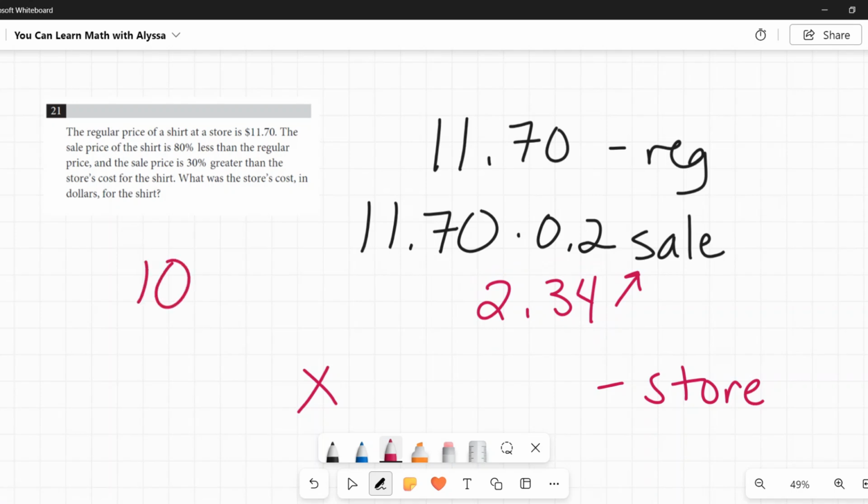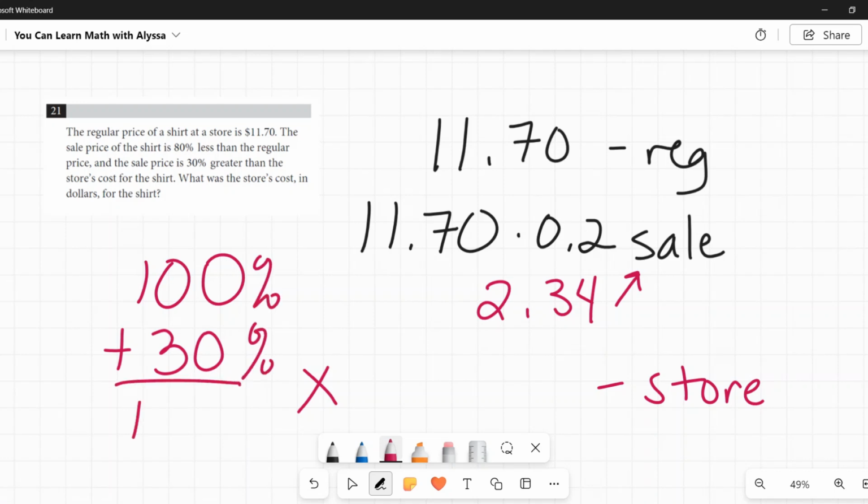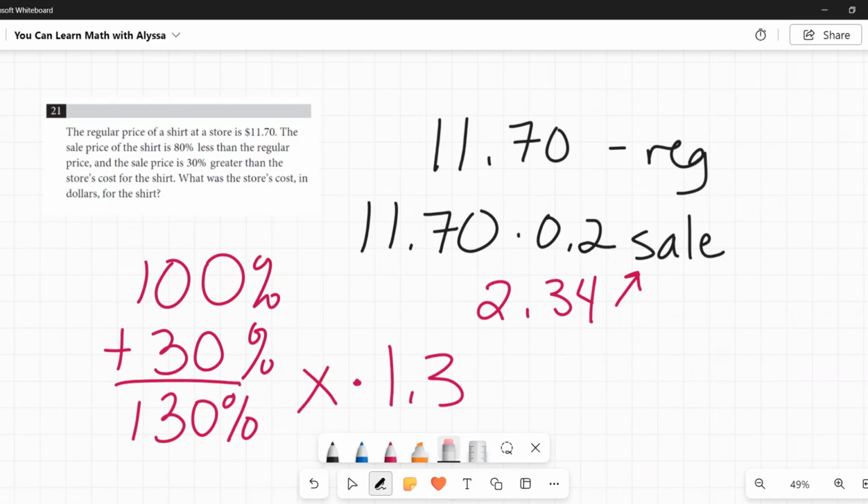If the store price is the full amount, 100%, and the sale price is 30% greater than that, then the sale price must be 130% of the store's price. So I'm going to multiply the store's price by 1.3, because that's 130%.